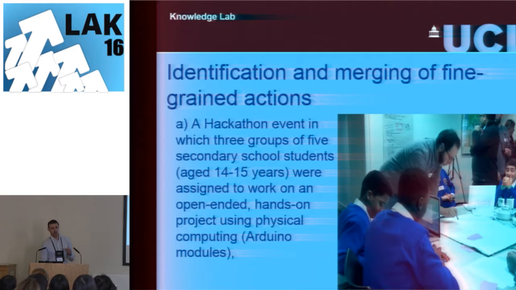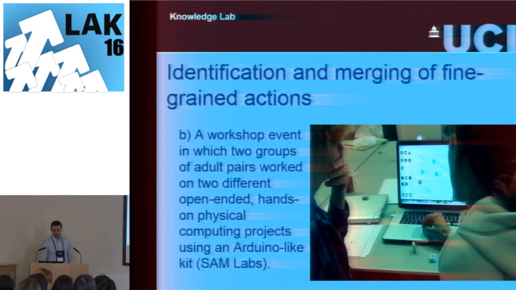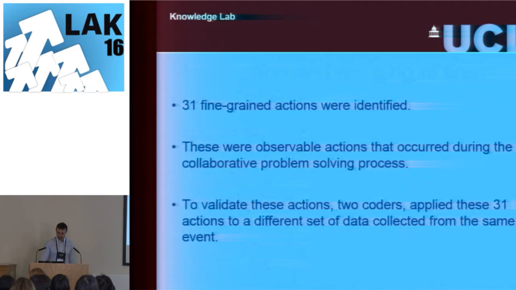And we have tagged each observable action that is going on during these activities. And in order to create broadness in these observable actions and to see if there were any differences between adults and students, we created workshop events involving 2 groups of adult pairs who worked on 2 different open-ended hands-on physical computing projects using an Arduino-like kit called SamLabs, collaborating together, and we again tagged observable actions.